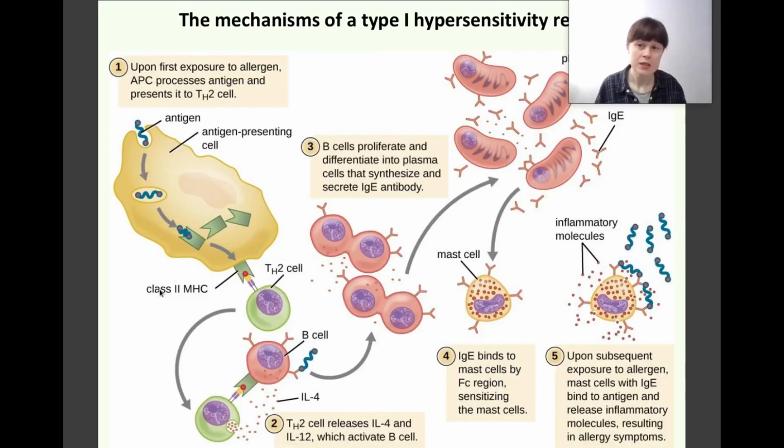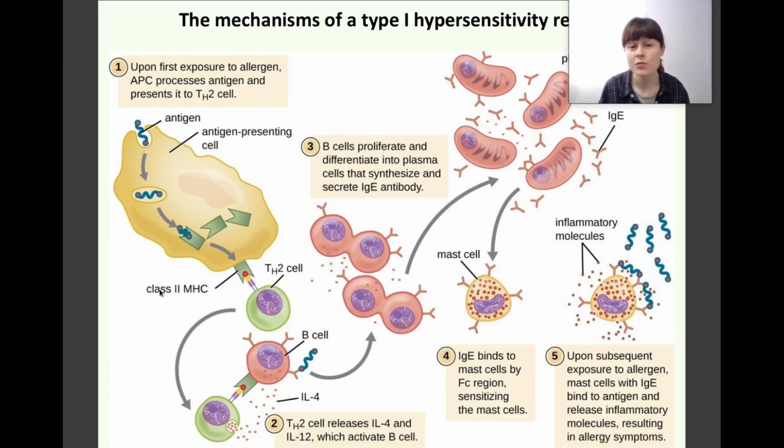The type 1 hypersensitivity reaction occurs through two phases: the sensitization and effector phases. Both phases occur over an interval of about 2 weeks. On this slide, you see the mechanism of the type 1 hypersensitivity reaction. This is the sensitization phase. Firstly, it is the same as in a specific immune response.